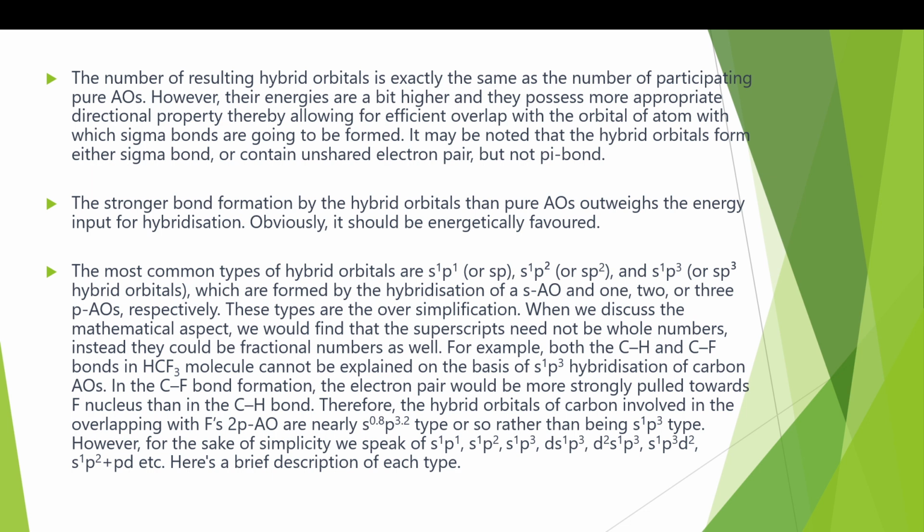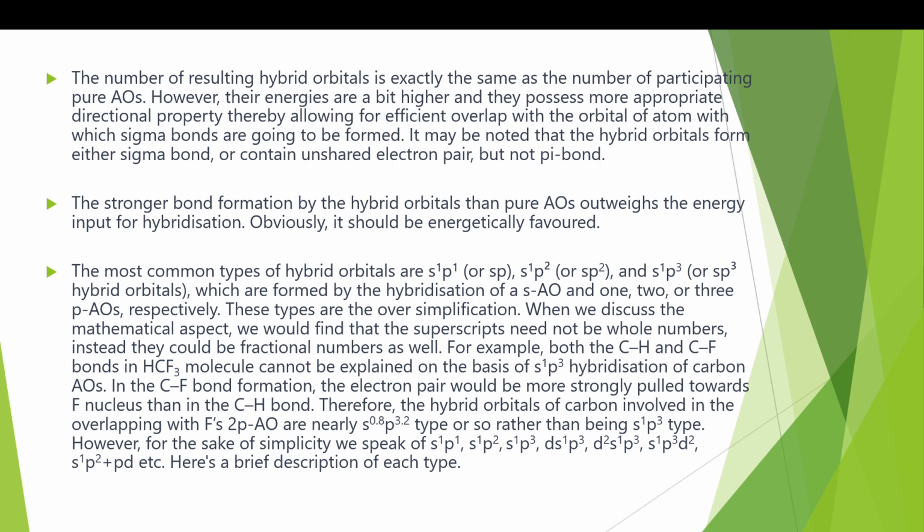It may be noted that the hybrid orbitals form either sigma bonds or contain unshared electron pairs, but they do not form pi bonds. The stronger bond formation by the hybrid orbitals than pure AOs outweighs the energy input for hybridization. Obviously, it should be energetically favored.